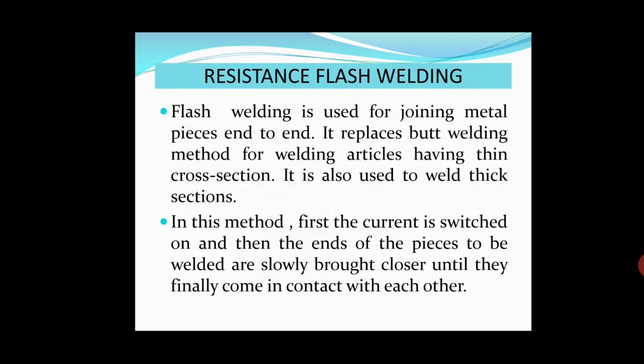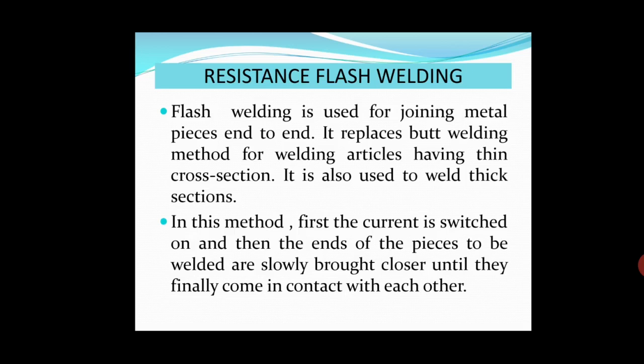Next one is resistance flash welding. Flash welding is used for joining metal pieces end to end. So it is a butt joint. It replaces the butt welding method for welding articles having thin cross section.